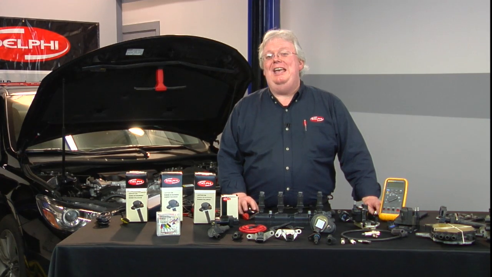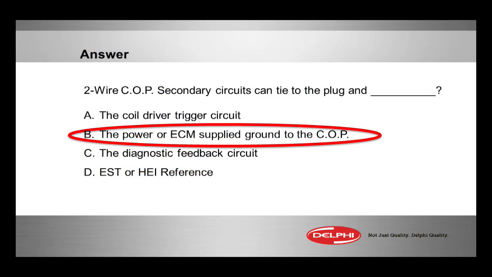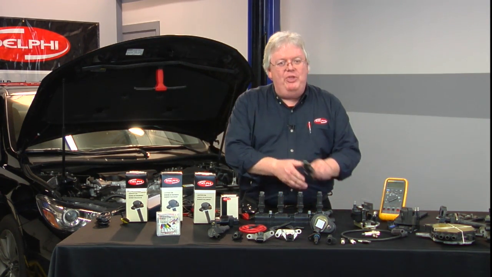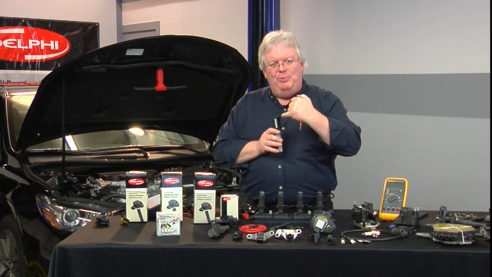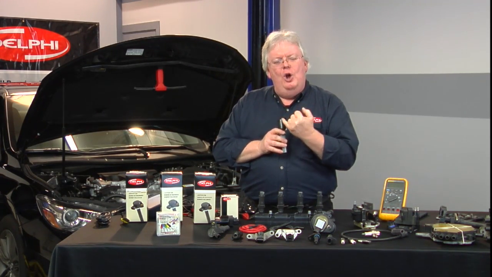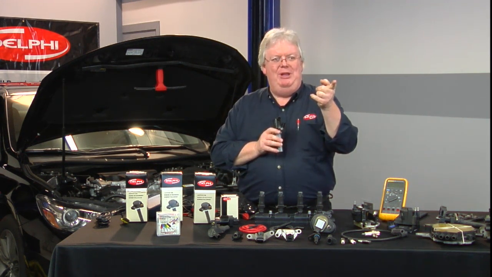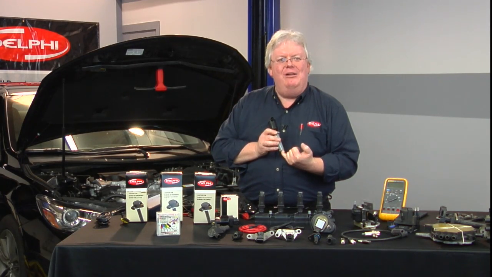All right, well, this is the answer I put, and after looking at this question a little more closely while you guys were answering, I thought, you know what? A, actually, depending on how you interpret it, I could give you extra credit for that one as well. But the point I'm trying to make here is that with the two-wire coil-on-plug, as we've seen on the bench, you can go to either one of these primary terminals, the power feed, or the one that the PCM supplies the ground to, which is what I'm talking about in B, and you'll see the other end of that coil secondary circuit.